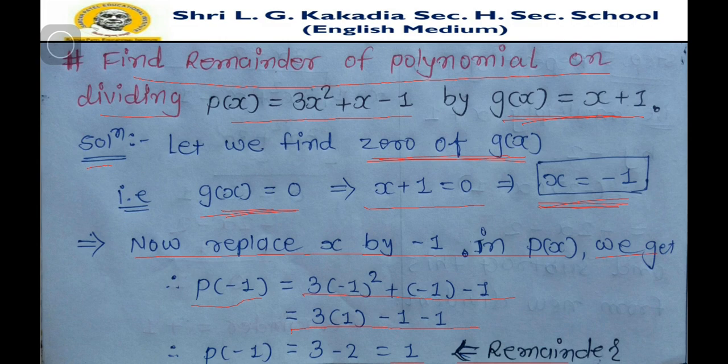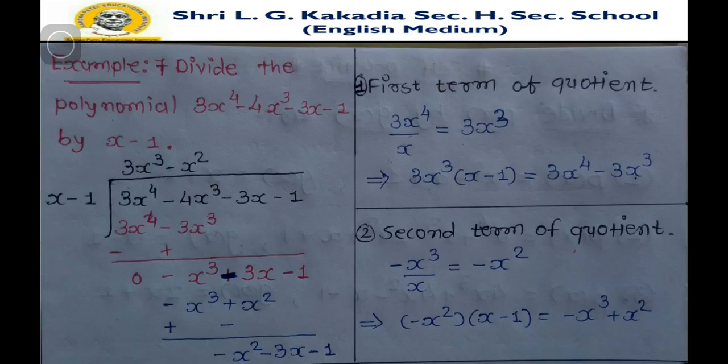Now let us understand one more example. Example number 7: divide the polynomial 3x raised to 4 minus 4x cube minus 3x minus 1 by x minus 1.